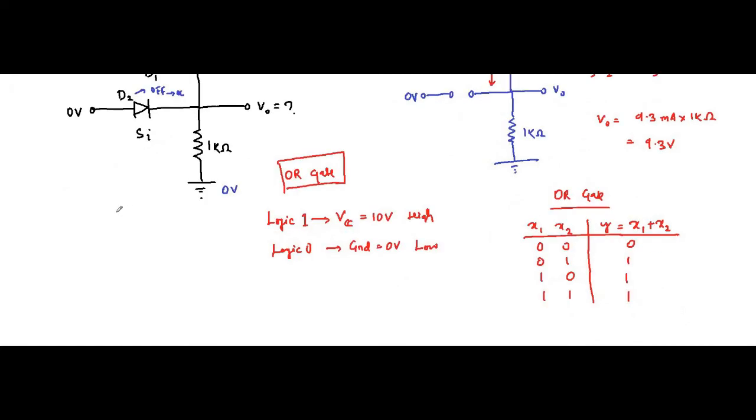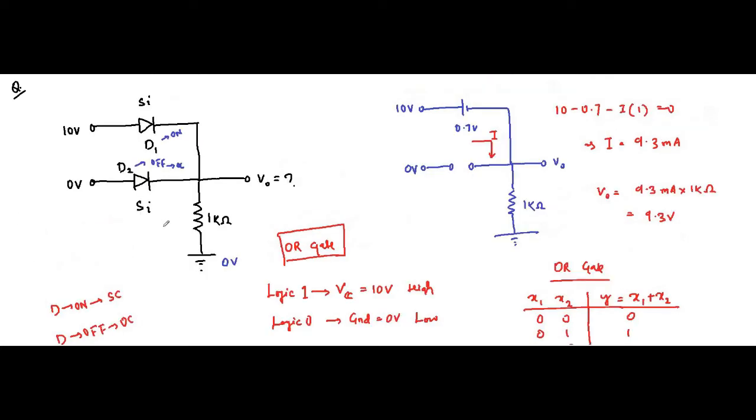So when I say both the diodes are ideal, it means that when the diode is on, it is short circuited, and when it is off, it is open circuited. This small 0.7 volt built-in potential would unnecessarily complicate the discussion, so we are assuming that the diode is ideal.